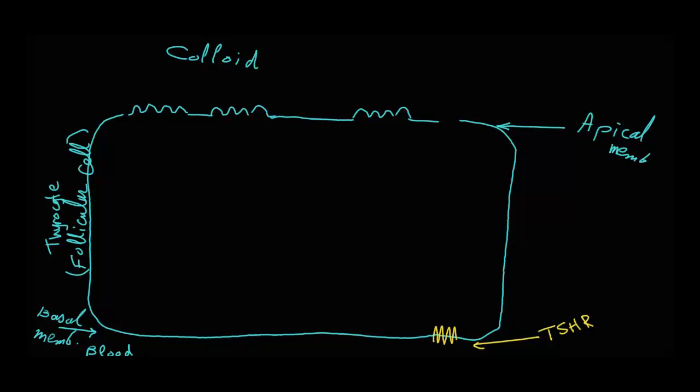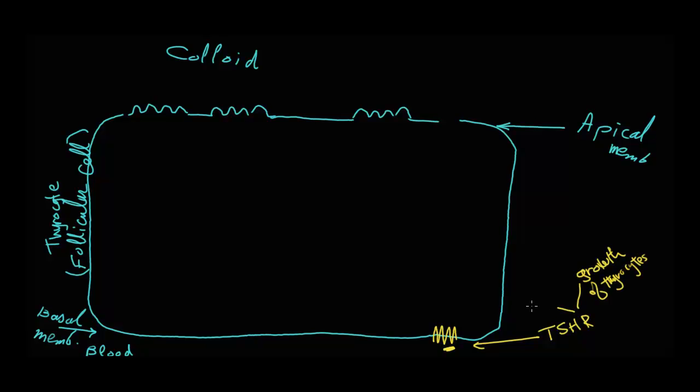TSH is a hormone produced by the anterior pituitary, and it binds to its receptor on the basal membrane of the follicular cell. Thus, it performs two functions. First, it promotes the growth of the thyrocyte.